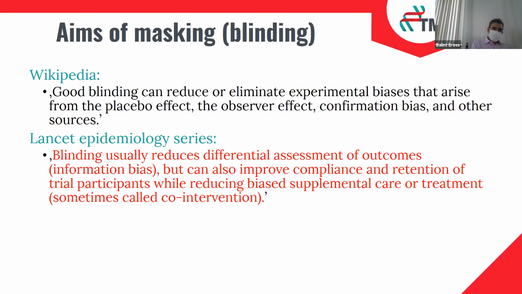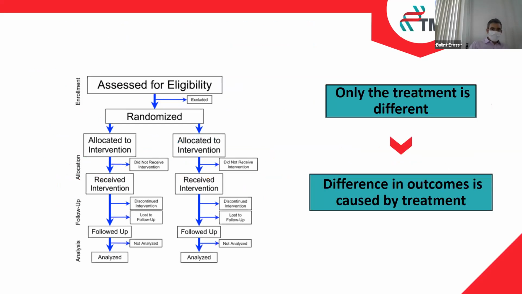Aims of masking: good blinding can reduce or eliminate experimental biases that arise from the placebo effect, the observer effect, confirmation bias, and other sources. According to Lancet, blinding usually reduces differential assessment of outcomes, information bias, but can also improve compliance and retention of trial participants while reducing biased supplemental care or treatment, sometimes called co-intervention.